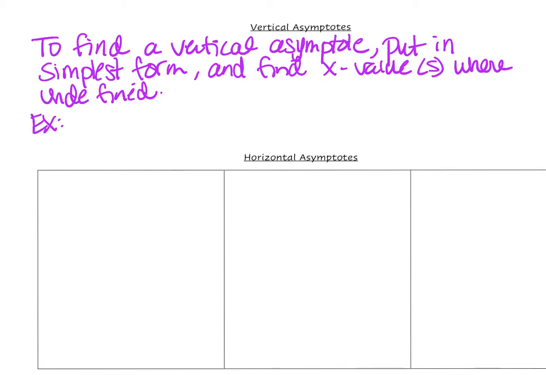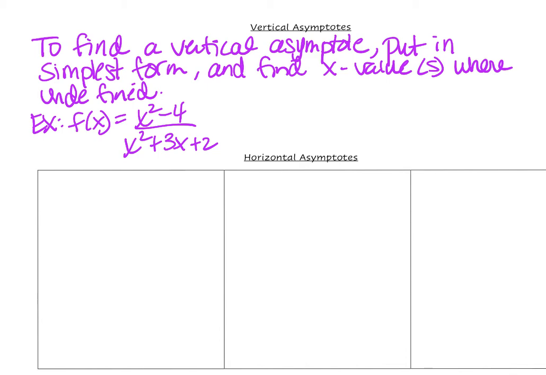Okay, so let's say we have a function like this. F of x equals x squared minus 4 over x squared plus 3x plus 2. Okay, so we have that function right there. So we're really focusing on the denominator for the vertical asymptote to see where it's undefined.